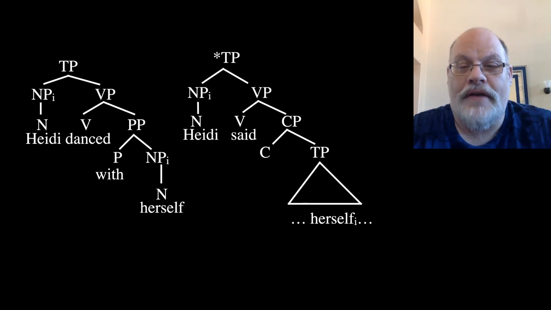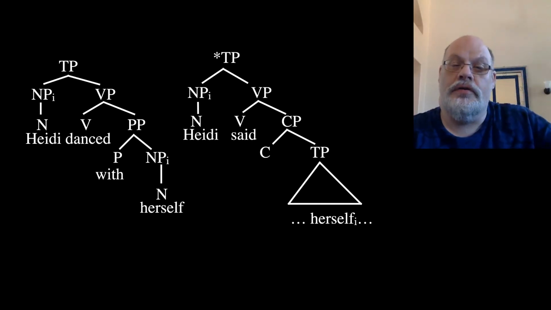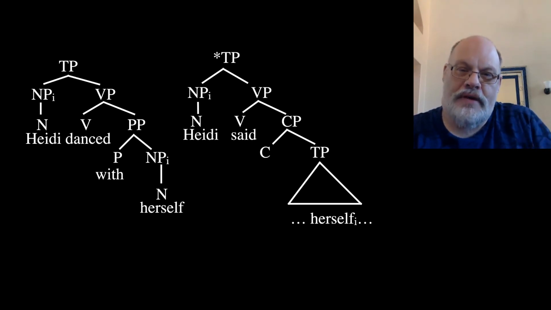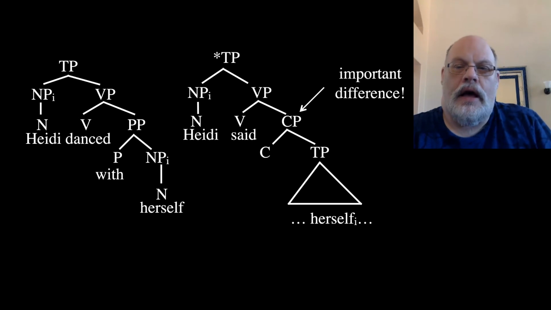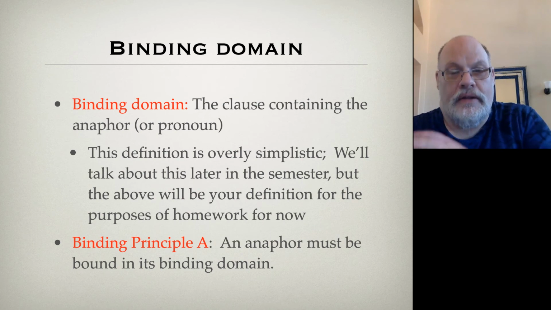So herself is within this complementizer phrase, which excludes the antecedent Heidi. So we need to rule out these cases. This idea, which we call binding domain, is effectively the clause that contains the anaphor, or as we'll see in the next video, this also pertains to pronouns.